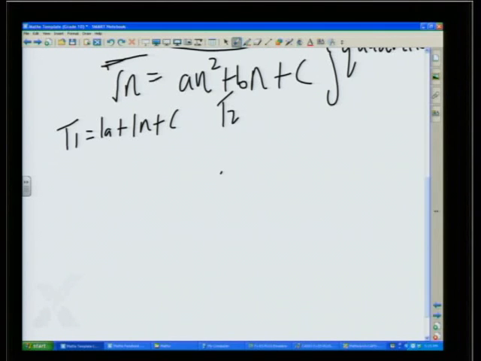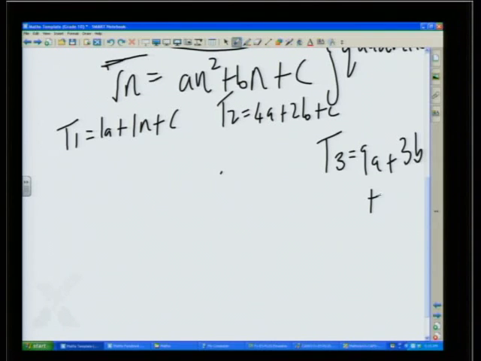T2 is equal to 2 squared, which is obviously 4a, plus 2b plus c. I'm going to put my T3 here because I'm running a little bit out of space. So again, 3 squared is 9. I'm going to end up with 9a plus 3b plus c.